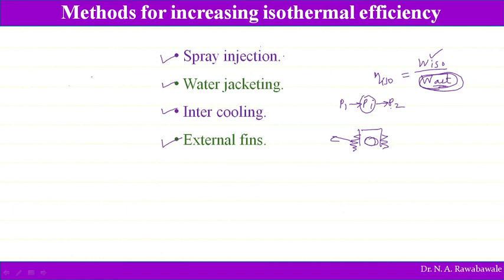The actual work required for compression of air is reduced by spray injection, water jacketing, intercooling or external fins. We cannot improve the isothermal work required. We can reduce the actual work required for compression by these four different methods.